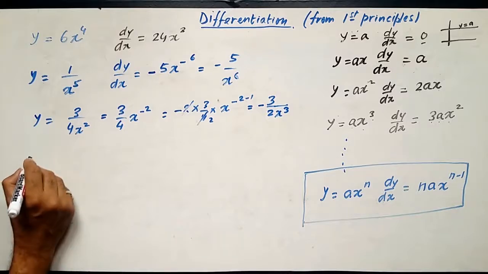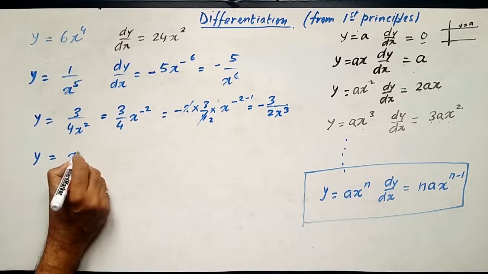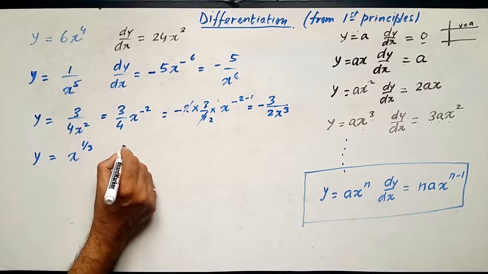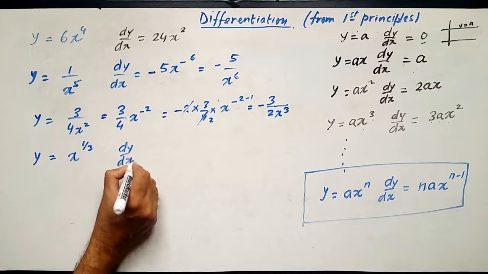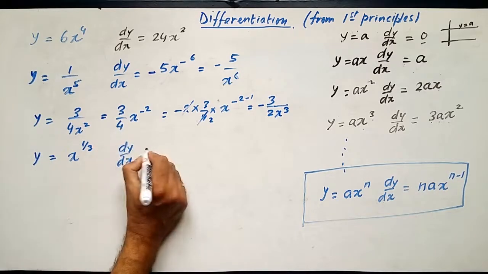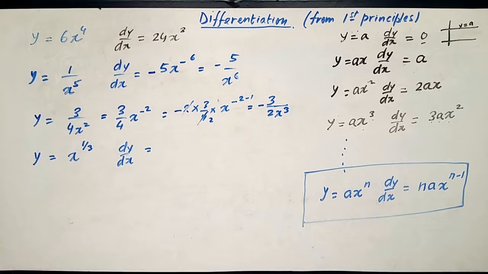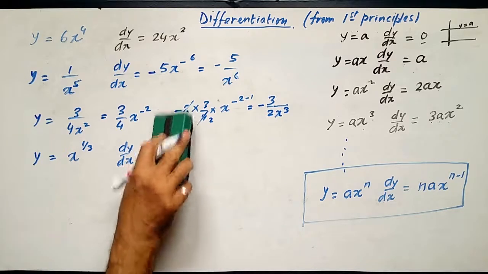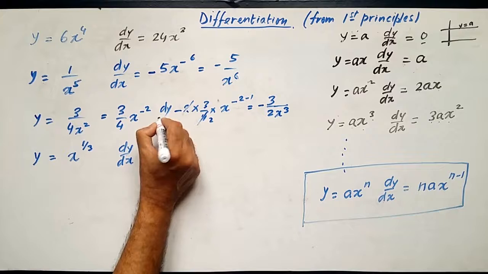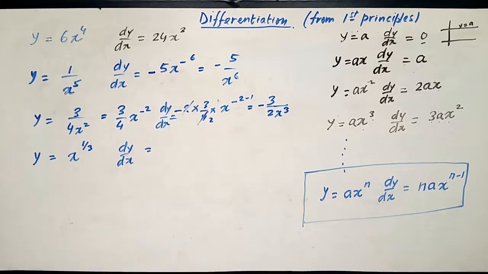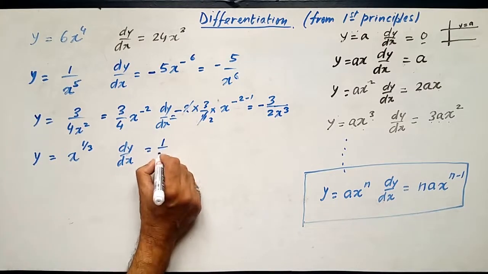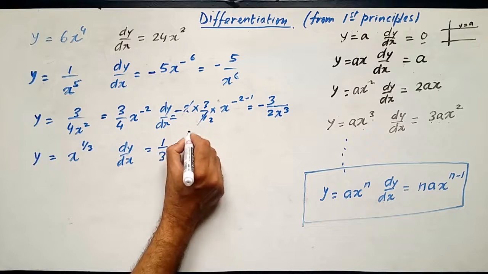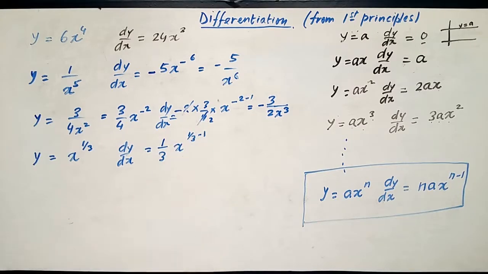Okay. Let's take another example. Y is equal to x to the power 1 by 3. So dy by dx is equal to 1 by 3 x to the power 1 by 3 minus 1.